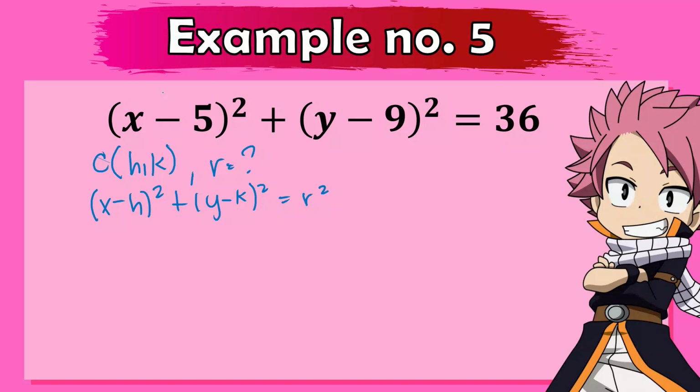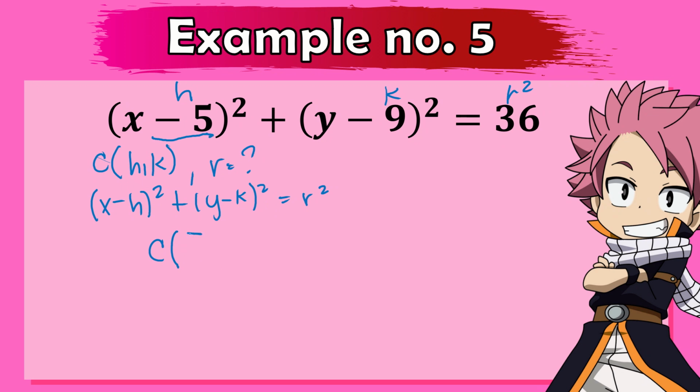If we have x minus 5 squared plus y minus 9 squared is equal to 36, that means this is h, this is k, and this is r squared. If we need the center h and k, like earlier, we will reverse the sign. What is in our equation is negative 5, so the opposite of negative 5, we reverse the sign.